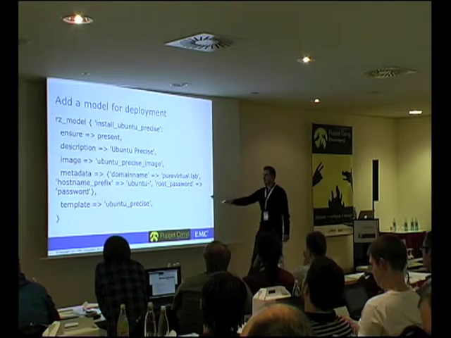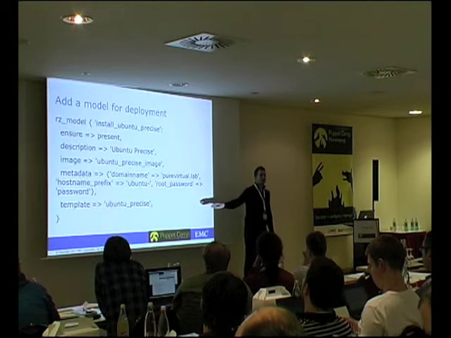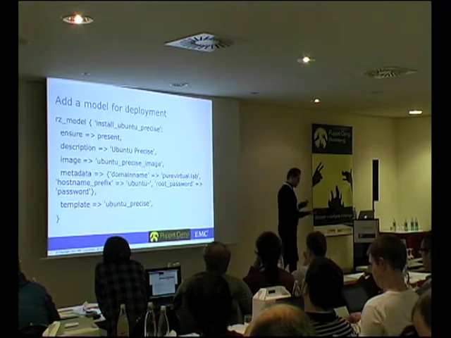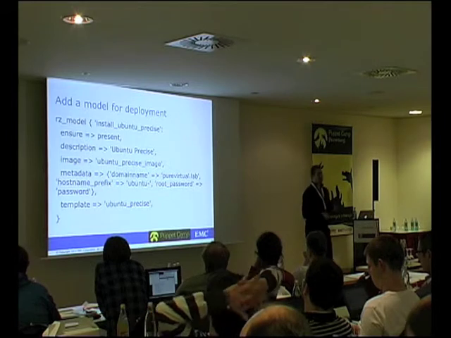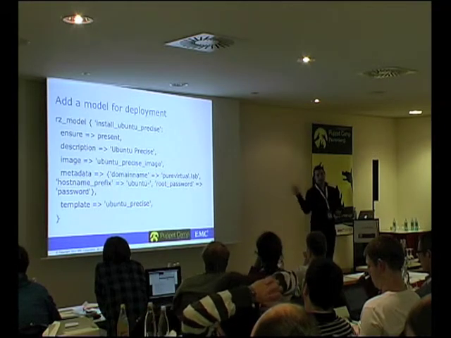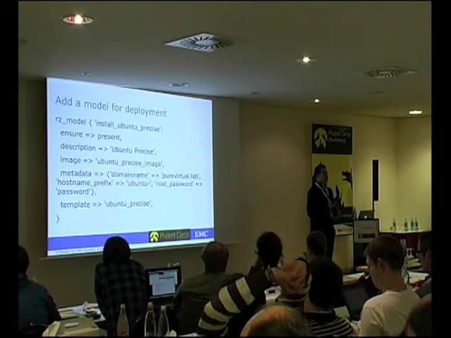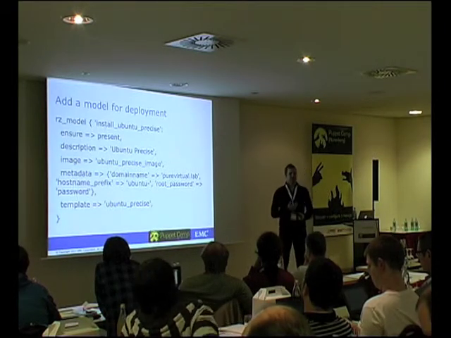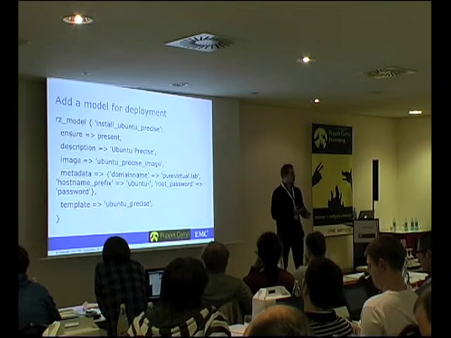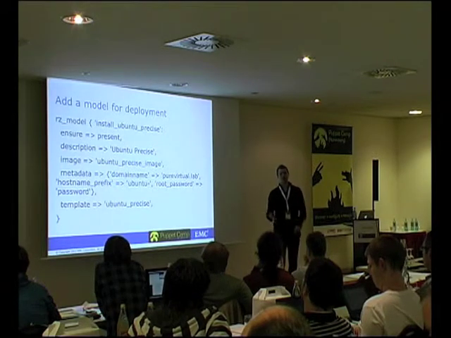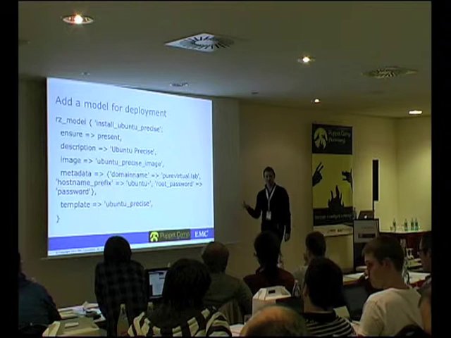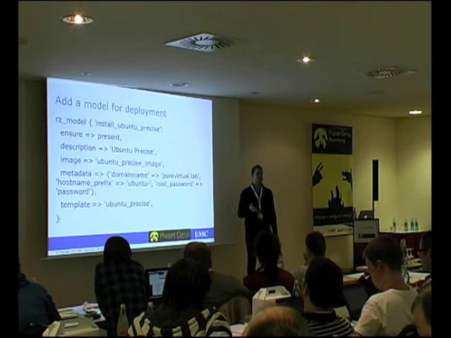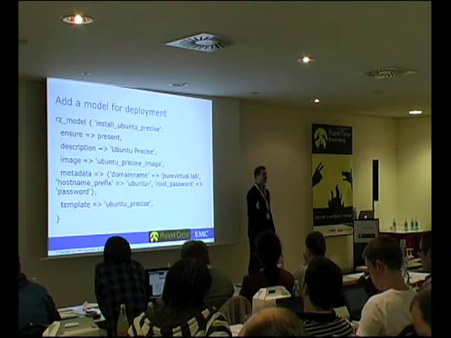You can see down here also that we have a template that is called Ubuntu Precise. So Razor right now has support for SUSE, Ubuntu, of course, Debian, CentOS, Red Hat Enterprise Linux, Sun servers, I think there are some more, VMware, of course. Microsoft Windows support is coming, but it's taking a bit longer than expected.